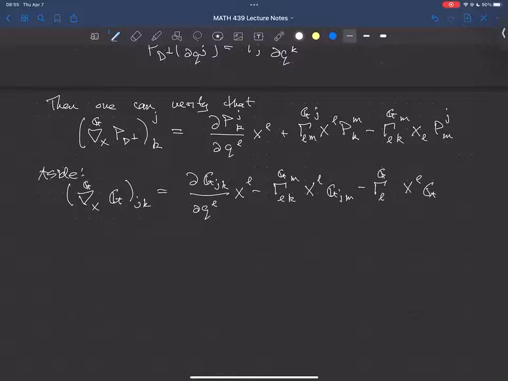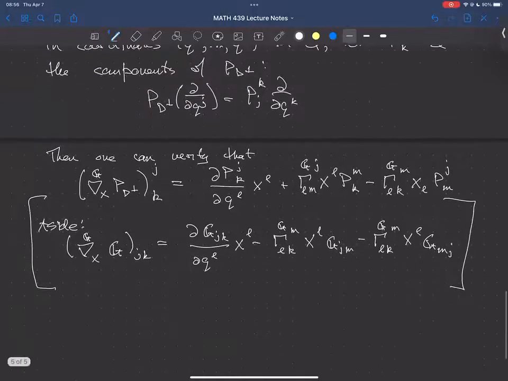Okay. So right, the formula simplifies in this case because in the case of G, which is symmetric, these two terms are of course the same, but that's okay. Right. And so one of the defining properties of the Levi-Civita connection is that that thing is 0. Okay.